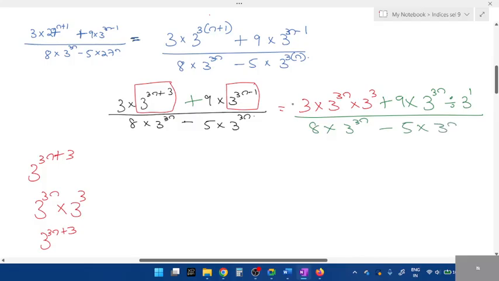Did you understand this part? The reason I split is, why did I split, student? Because there is power and variable and constant, right? Variable and constant. Now if you observe, can you see only the variable, the power which has only variable? Everything is 3n, right?